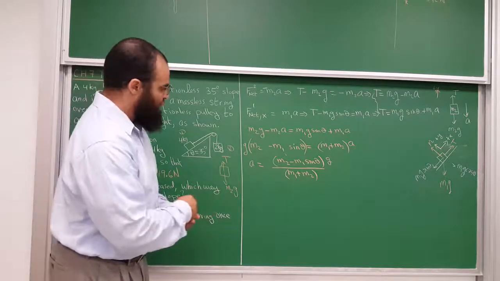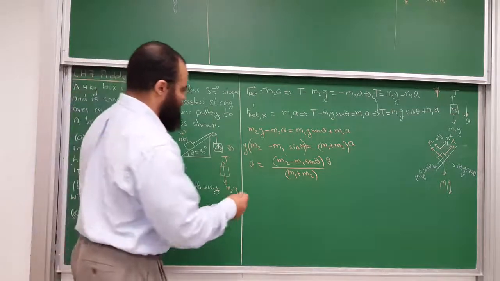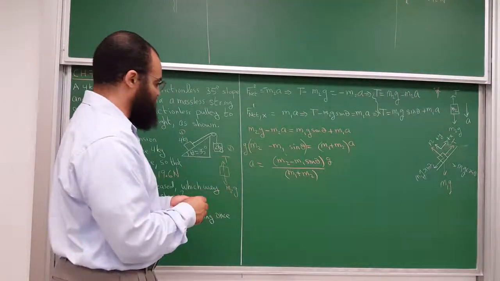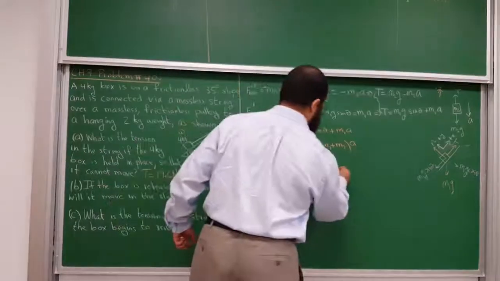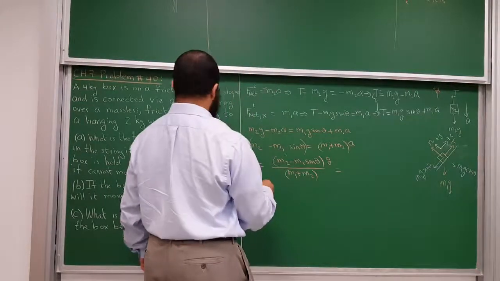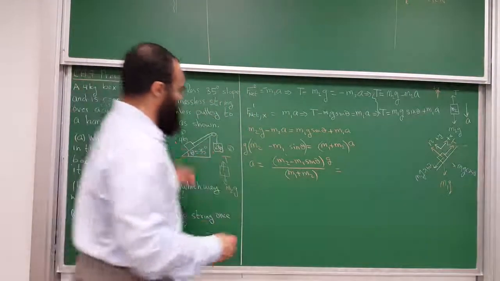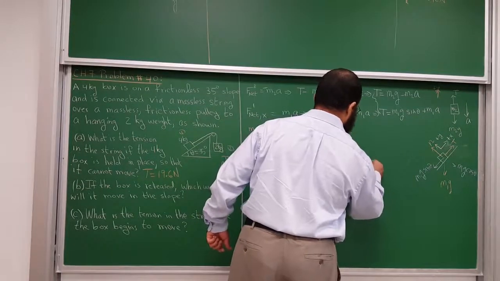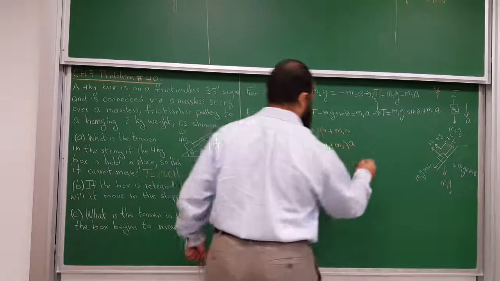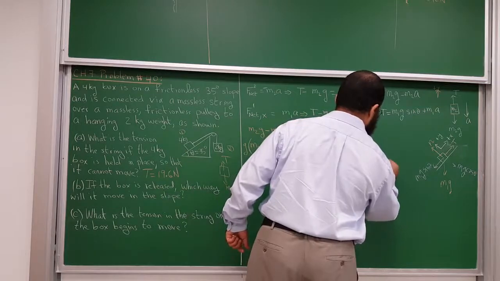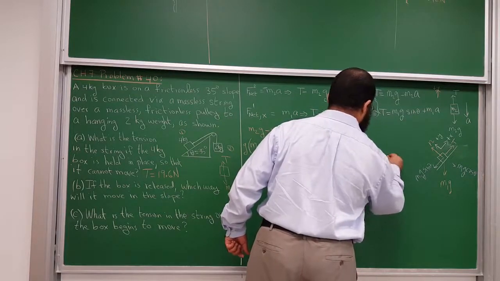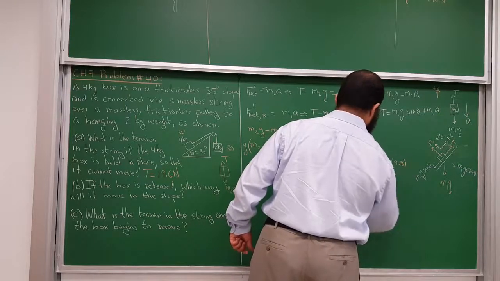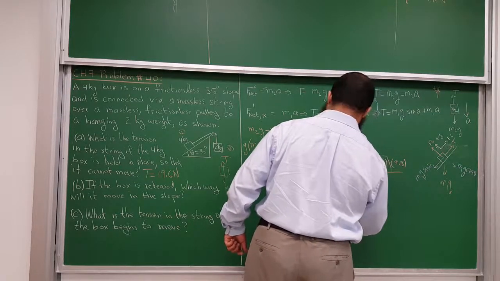Okay? And so let's calculate the acceleration for our specific values here and see if we get a positive or a negative value. m2 is 2 kilograms, m1 is 4. So I have 2 minus 4 times the sine of theta, which is 35 degrees, times g, which is 9.8, divided by m1 plus m2.